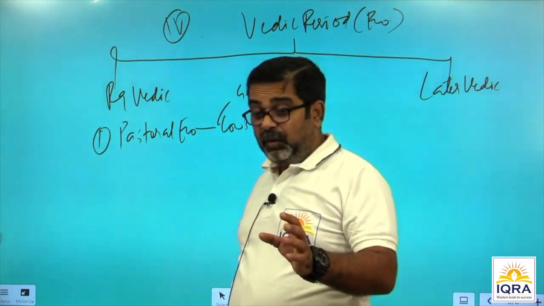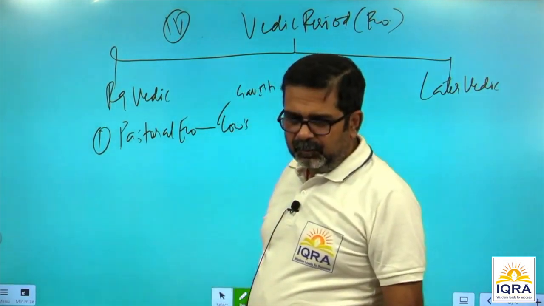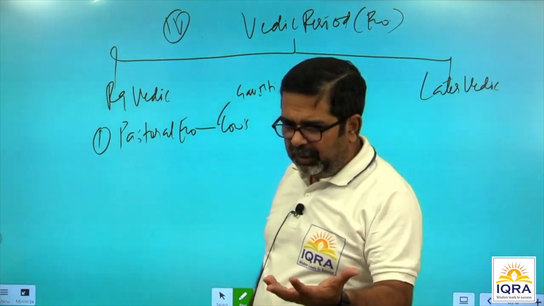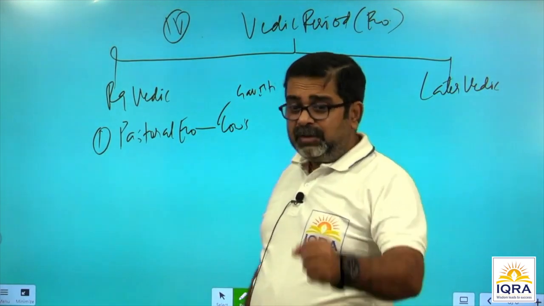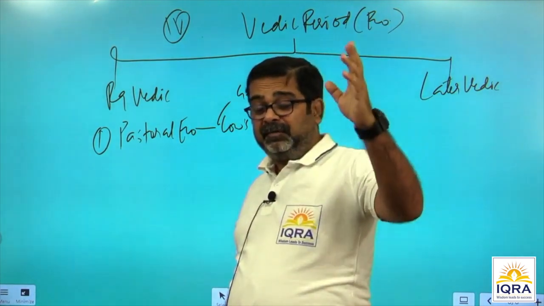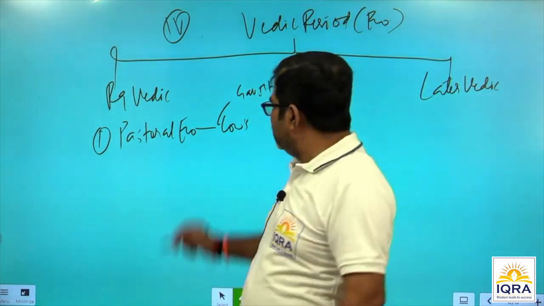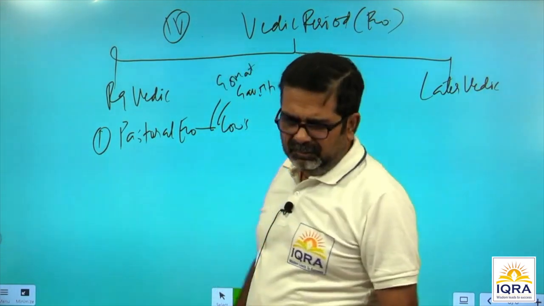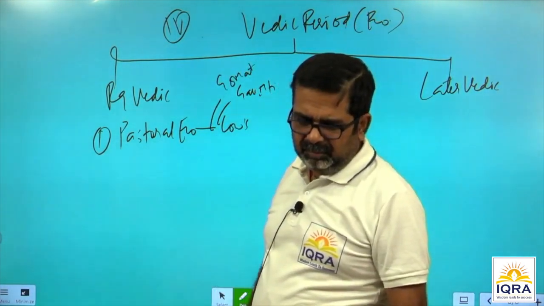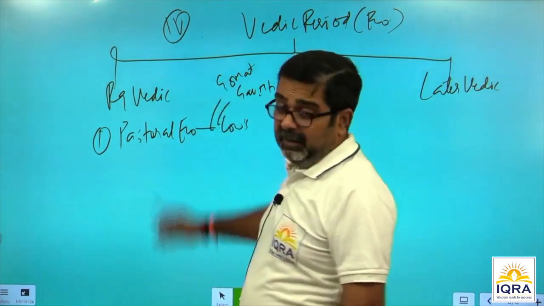Gavishti is the term for war, search of cows. War is for cows. So what is the important part of economy? Animal. Who is the rich person in Saudi Arabia? Petro Sheikh, one who is having control on petrol oil wells. Who is the rich man here? Gomat, who is having a large number of cows. So war is for cows, rich man, Gomat.